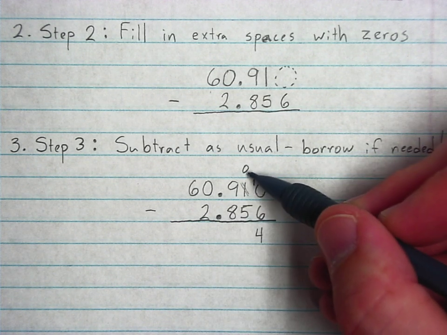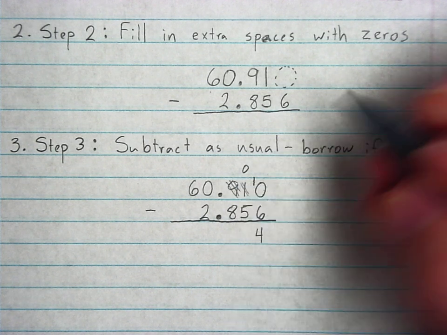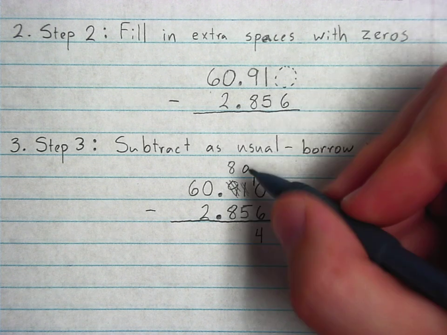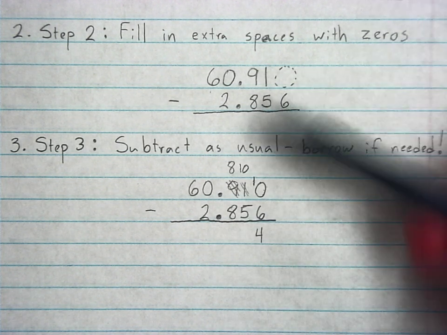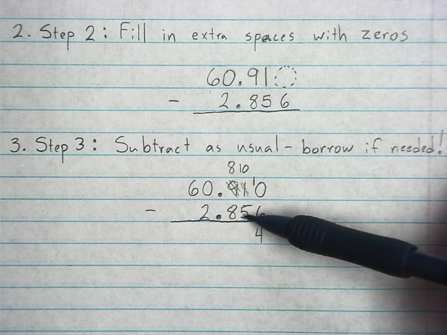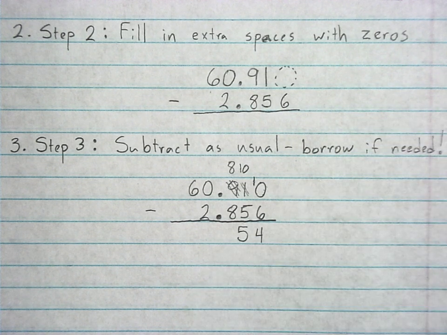But now we have the same problem again, 0 minus 5. So let's borrow. The 9 becomes an 8, and it sends over a group of 10. Now this would be 10 hundredths minus 5 hundredths. We are left with 5 hundredths.